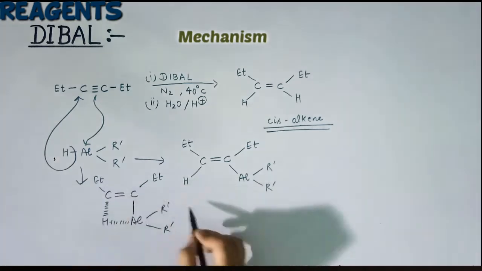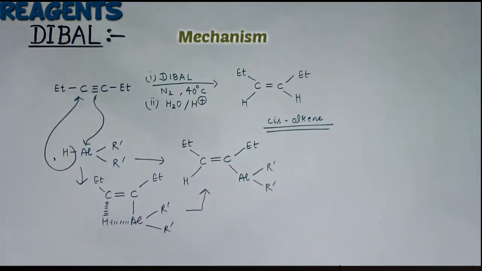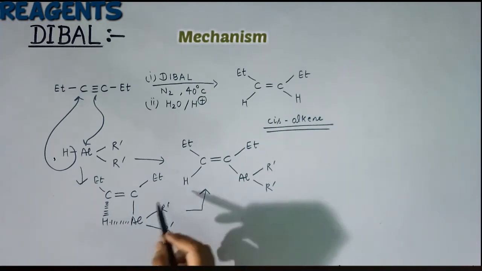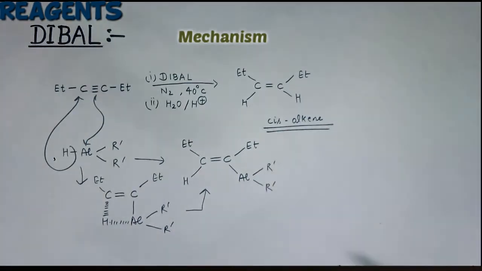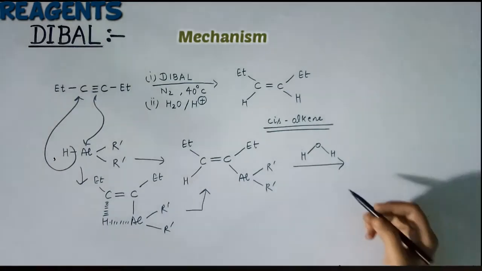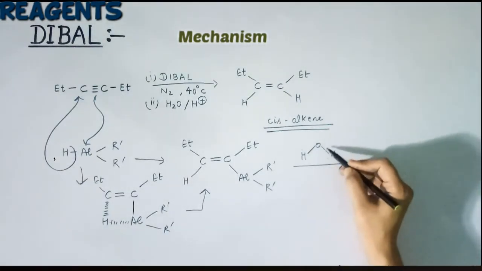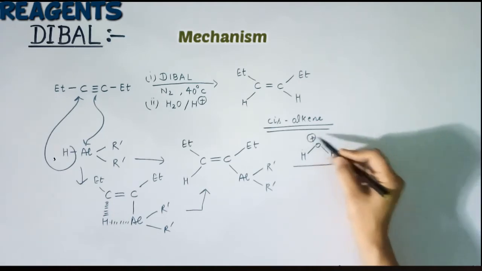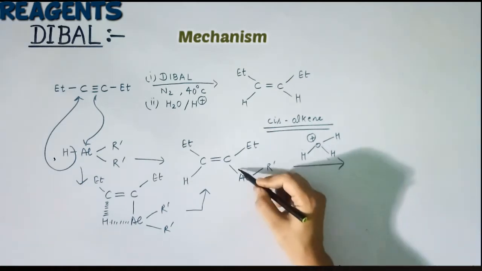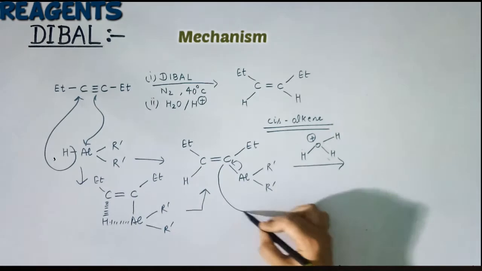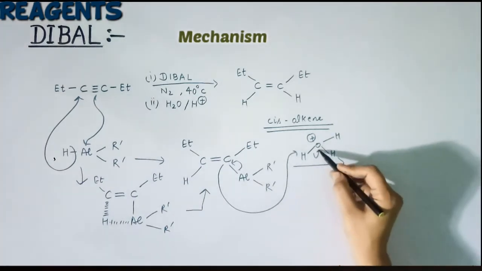Okay. Now this will transform to this kind of tetrahedral moiety. Now the question arises, why is it cis? Because these groups are bulkier, they want to pull these ethyl groups away from them. Okay, that is why the cis alkene has been formed. So when hydrolysis takes place, this is acid hydrolysis, so the hydronium ion H3O+ is formed here, and this bond will move like this, and this is what actually happens.